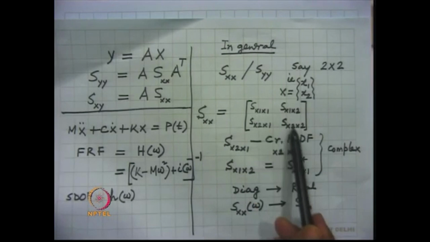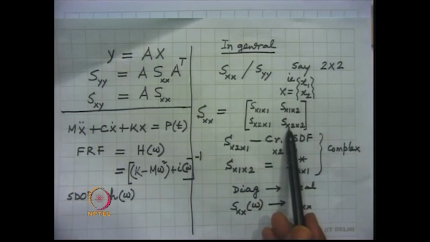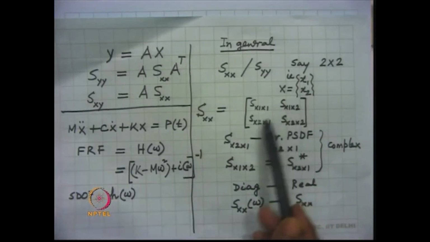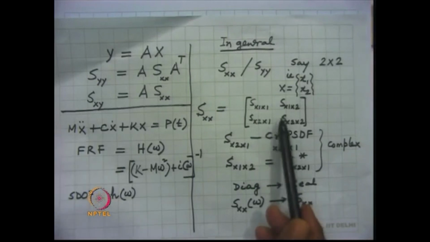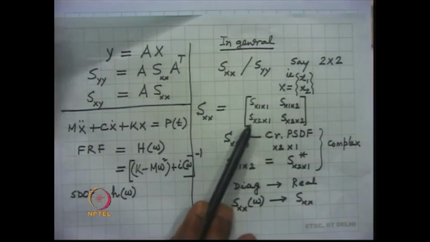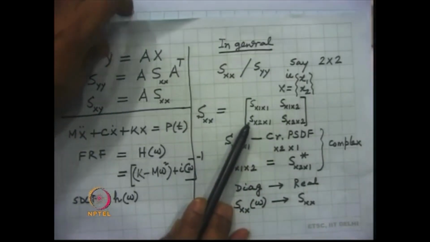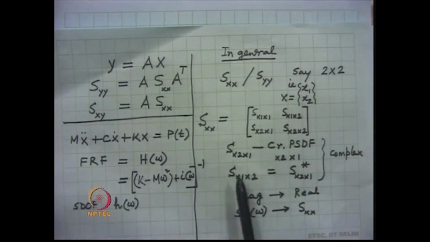The diagonal terms are the power spectral density functions of x1 and x2, and the off diagonal terms represent the cross power spectral density function between x2 and x1, and this will be between x1 and x2. If we have more elements in the vector, then obviously we will have x1 x1, x2 x1, x3 x1, and so on. This will be the cross power spectral density function between different responses.